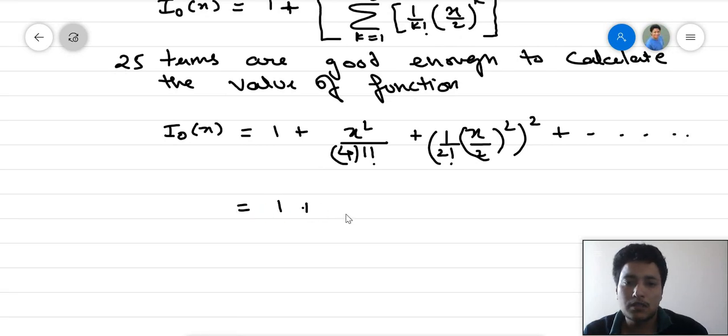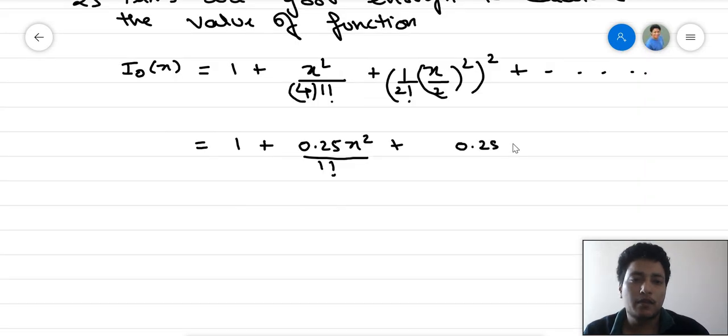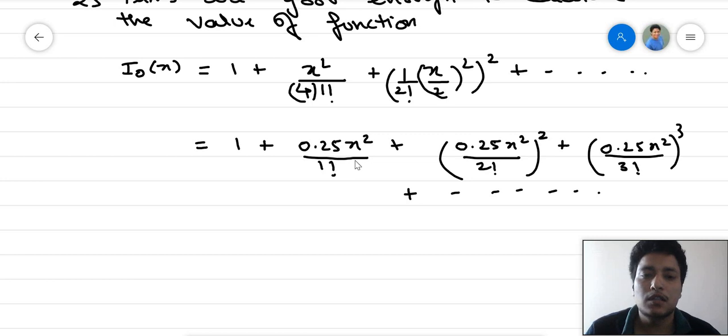It will be 1 plus 0.25 x square over 1 factorial, plus (0.25 x square over 2 factorial) whole square, plus (0.25 x square by 3 factorial) over 2, plus and so on. One can see that every time this 0.25 will be squared or cubed in an exponential manner, that term will be very small. So this series will converge very fast.